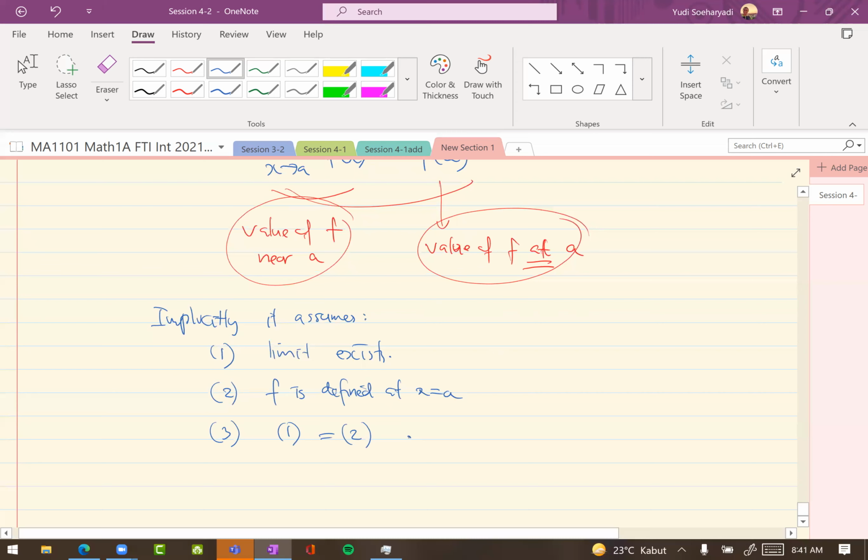If the limit doesn't exist, then we say it's not continuous. And a must be part of the domain. So in this case, a is in the domain, and then that's what we call continuous.